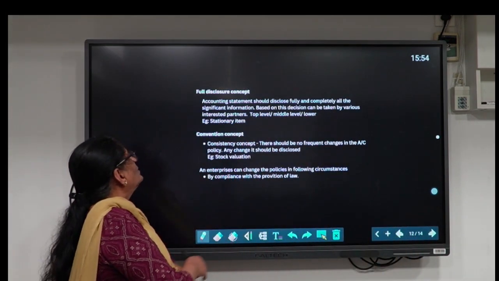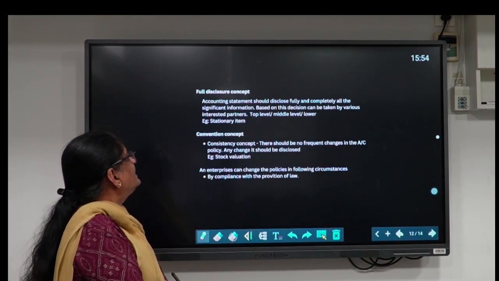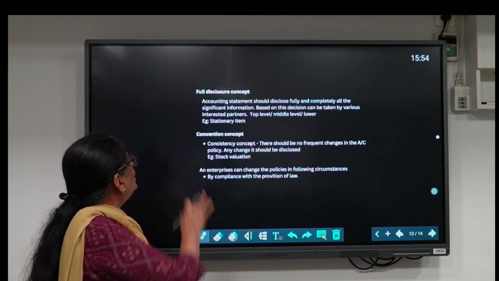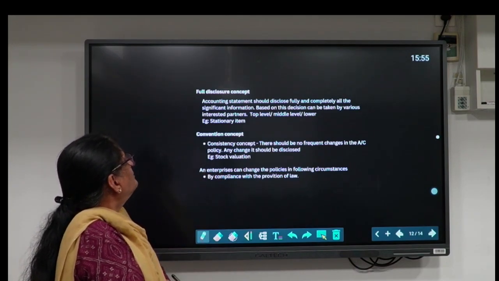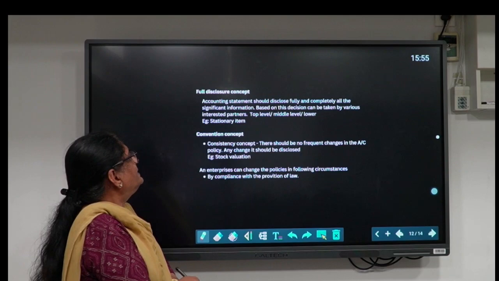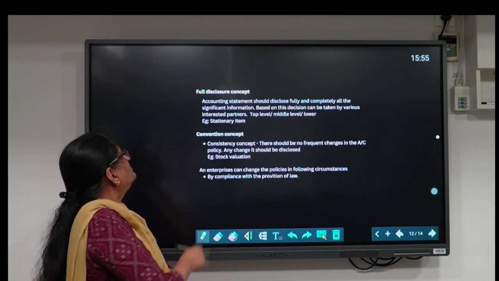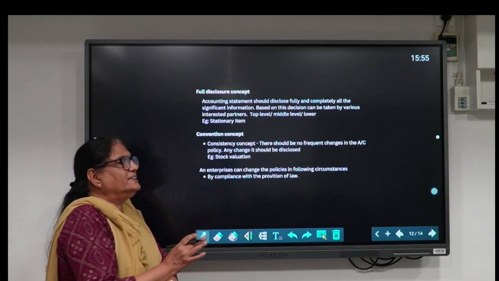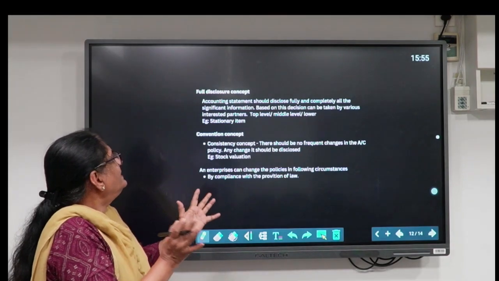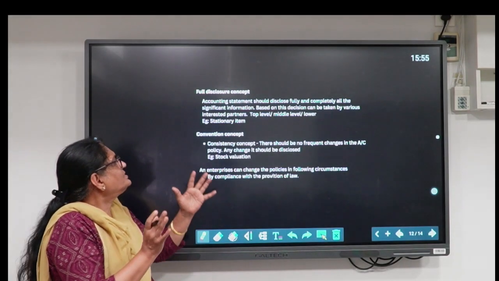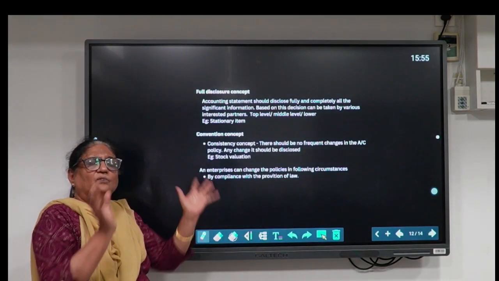Full disclosure concept. Accounting statements state fully and completely all the significant information, based on which decisions can be taken by various interested parties. Take stationery items: top level, middle level, lower level, for all the stationery items you give full disclosure.